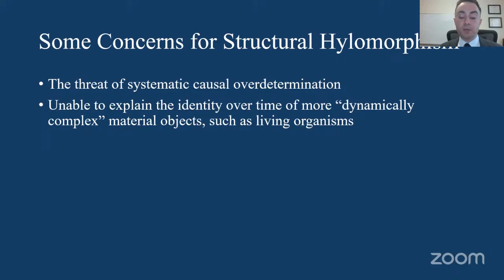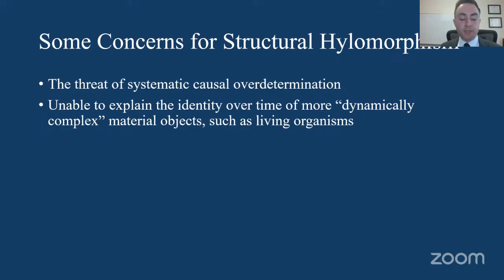And this is where the threat of systematic causal overdetermination comes in. Anything done by or done to the dining room table is now done by or done to two numerically distinct, that is to say, non-identical things: the composite whole and its parts. In order to avoid having too many causal agents or too many causal patients in the picture, structural hylomorphists will have to say that the whole doesn't really cause anything.